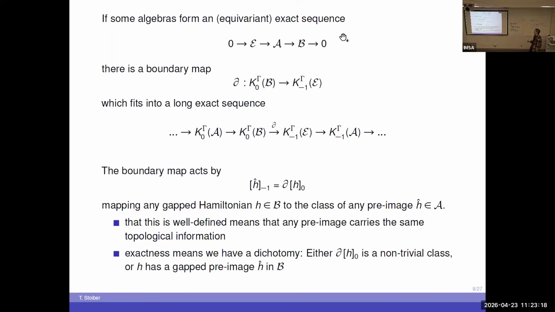Right? I mean, this is by definition what exactness means: the kernel of one map is the image of the previous map. So we can use this boundary map to decide equivalently. Either we formulate it like this, the boundary map tells us if we can find a gapped pre-image, or the other way around, this boundary map gives us the obstruction.